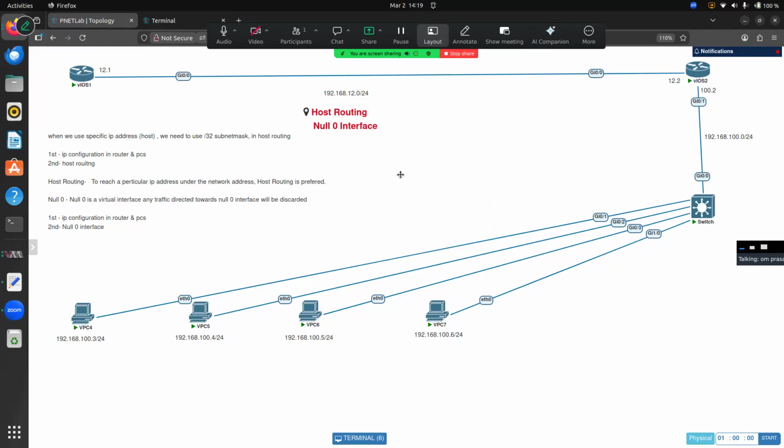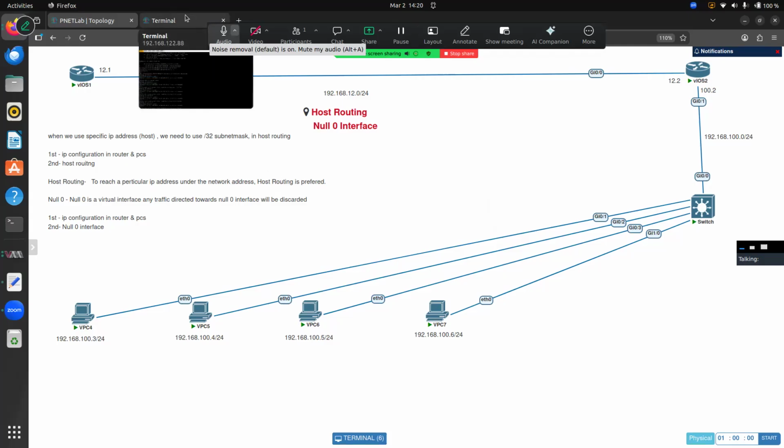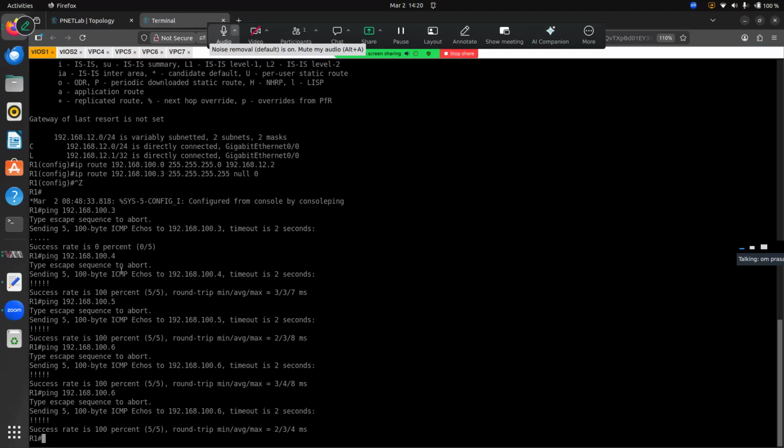And also one thing for interview purposes I am telling. You might get a question like why the second command is preferred and why not the first command. See here.